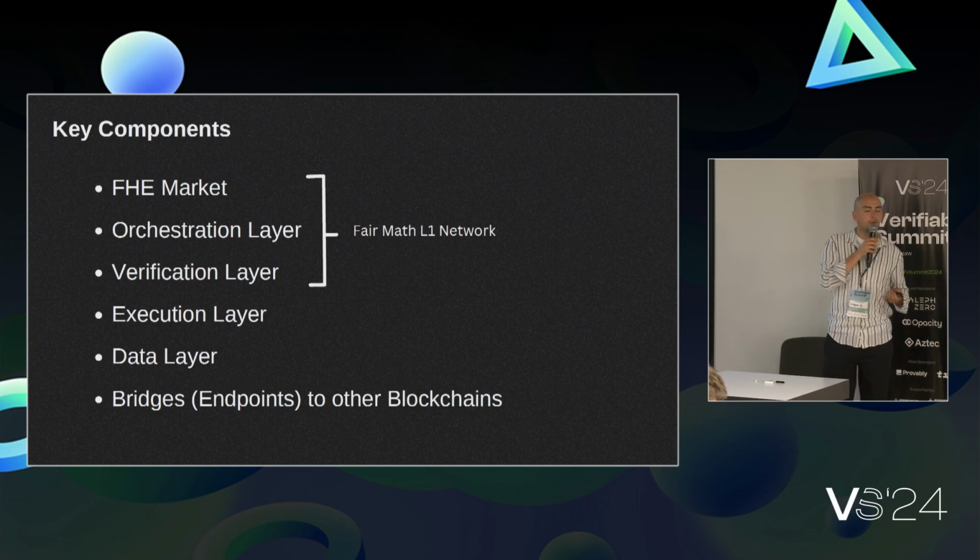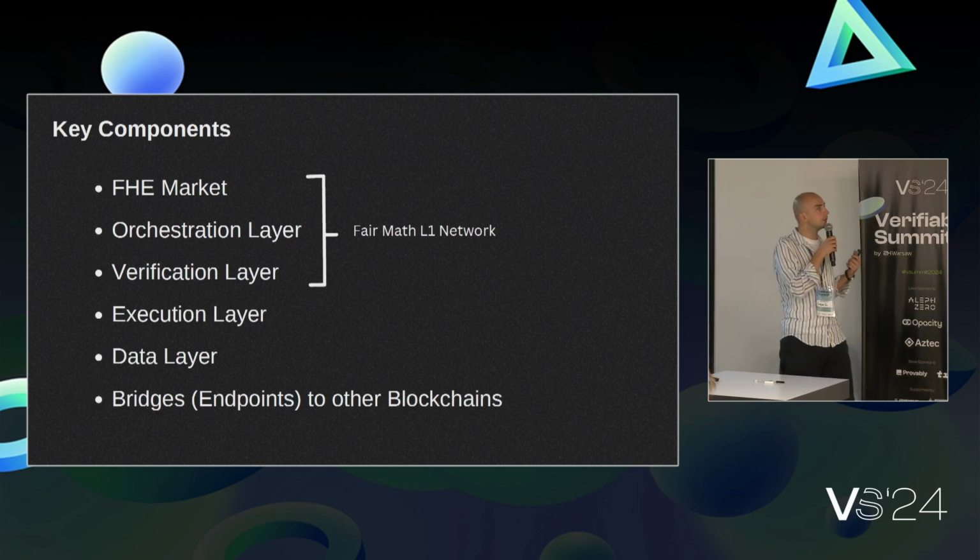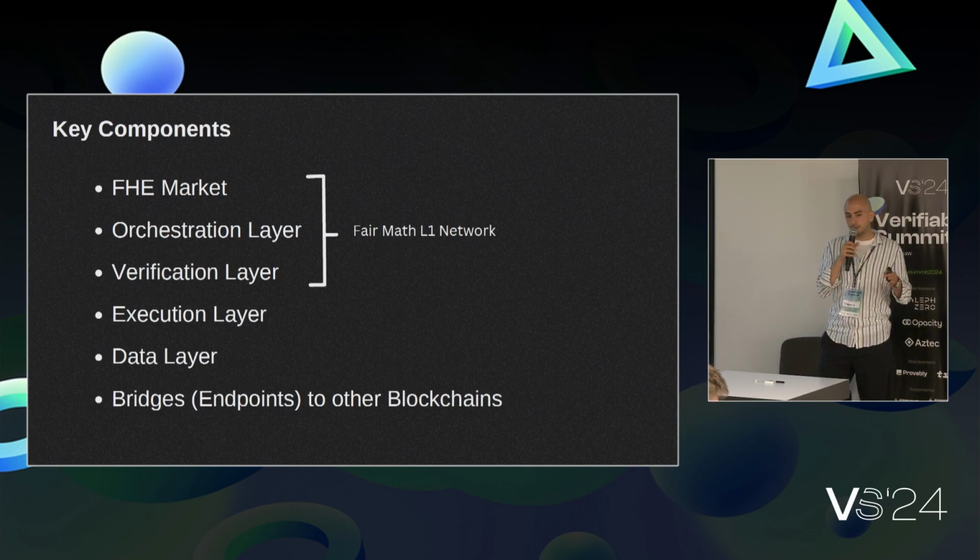Verification layer. We believe in a world where we consider all actors and all consumers as potentially active attackers. This is why we need a strong verification layer, a verification protocol. The execution layer is just the set of actors.